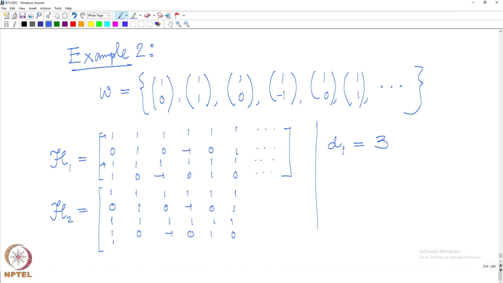Now, 2 more rows, once again 1 1 1 1 1, but now a shifted version of this guy, which is 0 minus 1 0 1 0, we have minus 1 here, dot dot dot. A 6 cross infinity size matrix.